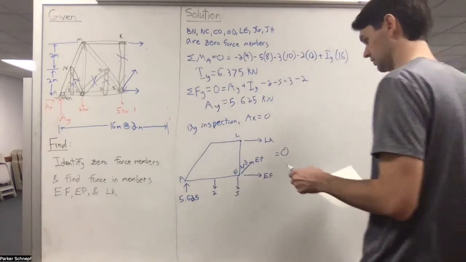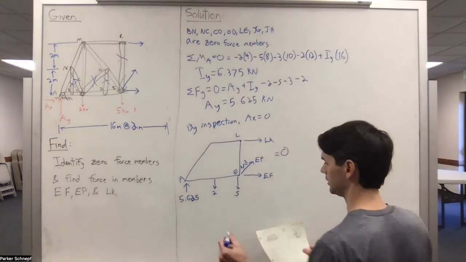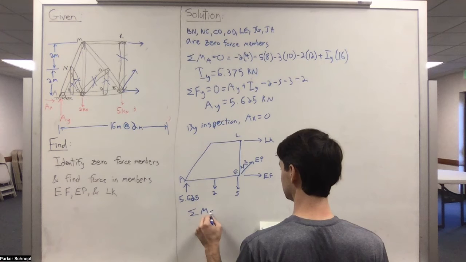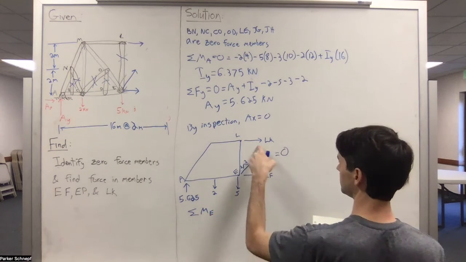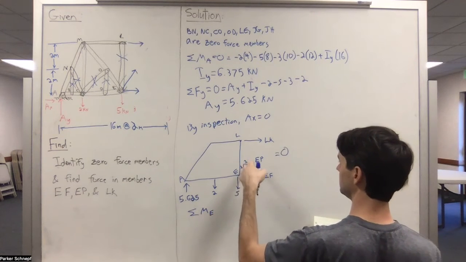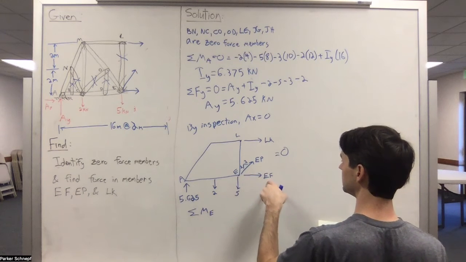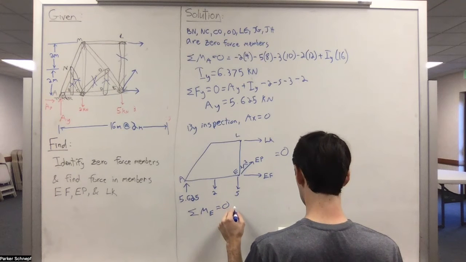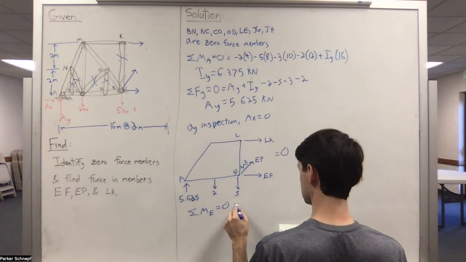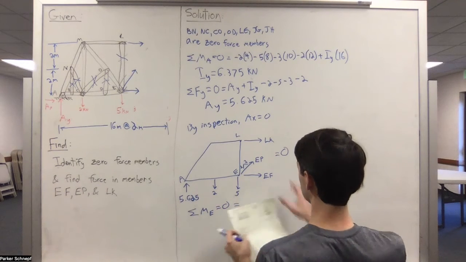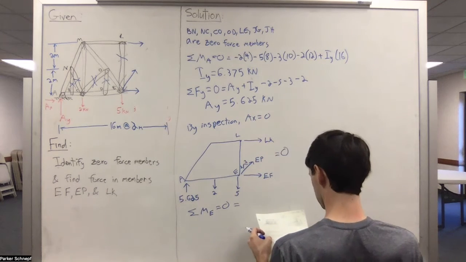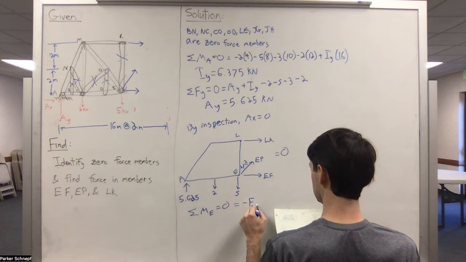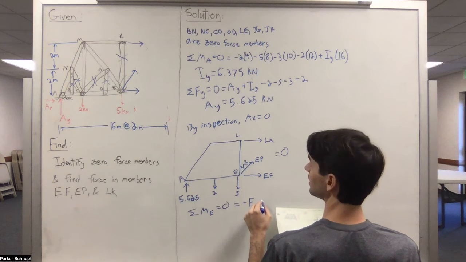Really great. So I'm going to start by solving for the sum of the moments about point E. We have these three unknowns. If I do the sum of the moments about point E, I don't have to worry about EP and EF for the time being. I can just solve for LK. And so I end up getting negative force LK, and that is a distance of 4.